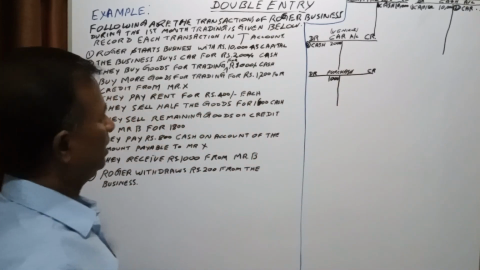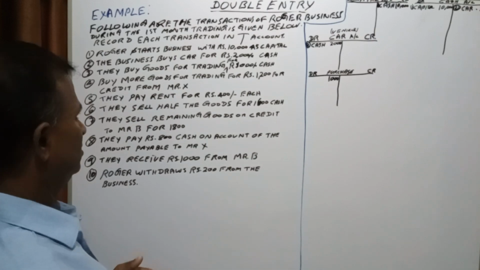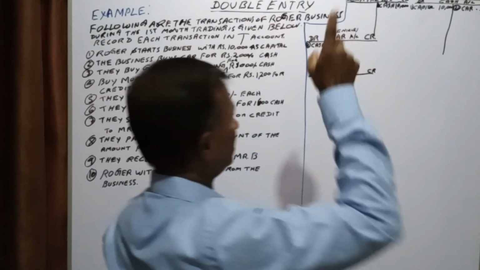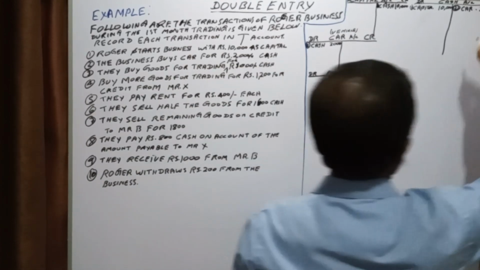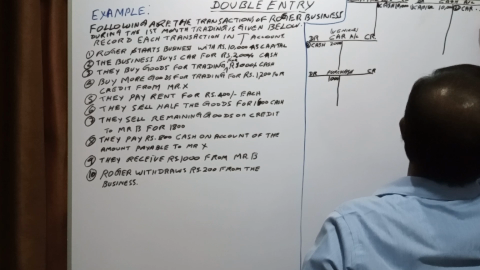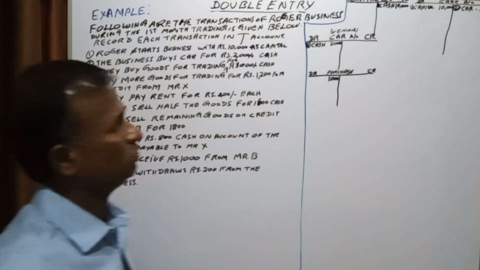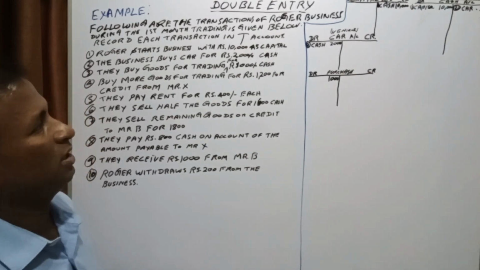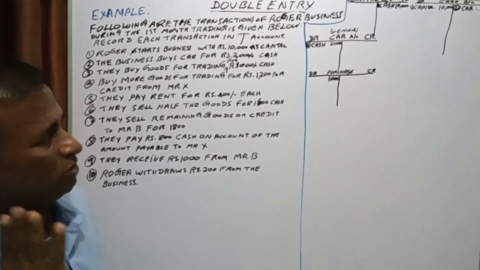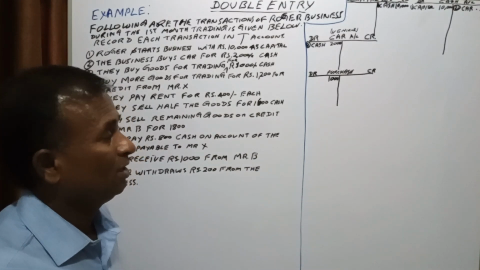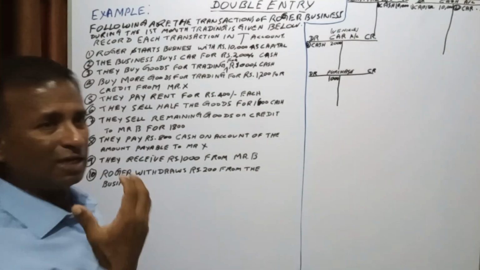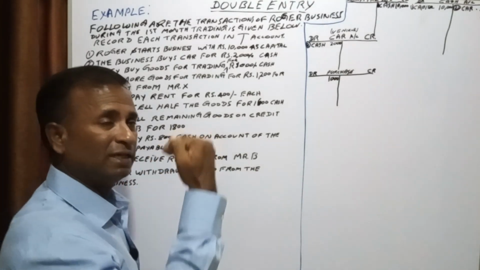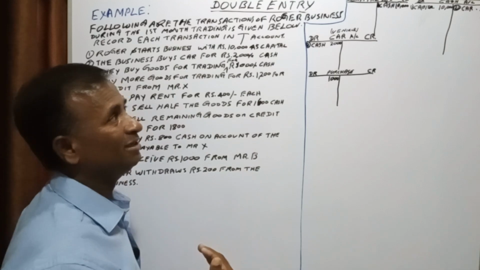What is the other entry for this? You are purchasing it for cash, for 1000. The cash belongs to the assets. When you do a cash purchase, there will be a decrease in cash.